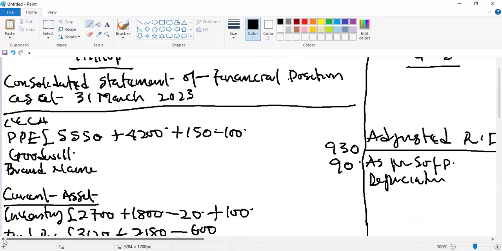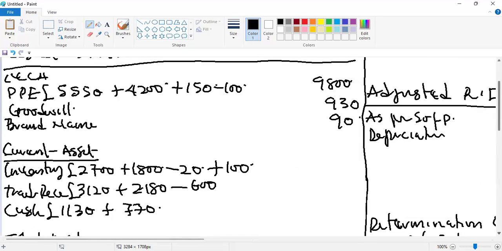So we have 550 plus 42 plus 50. This one will give me 980. Then inventory: 27 plus 18 minus 20 plus 100. This will give me 458.